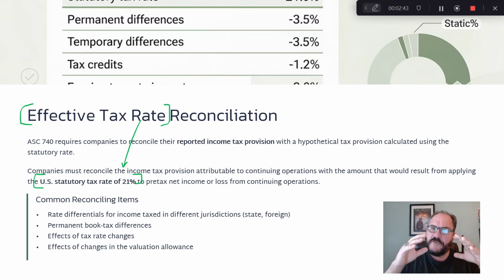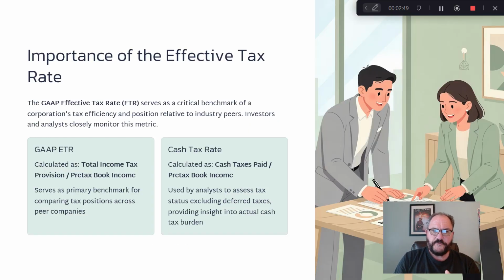So 21% statutory, but now what changes are going on? Okay, so basically, if you take your total income tax provision divided by your pre-tax book income, this gives you your effective tax rate. Okay, all right.